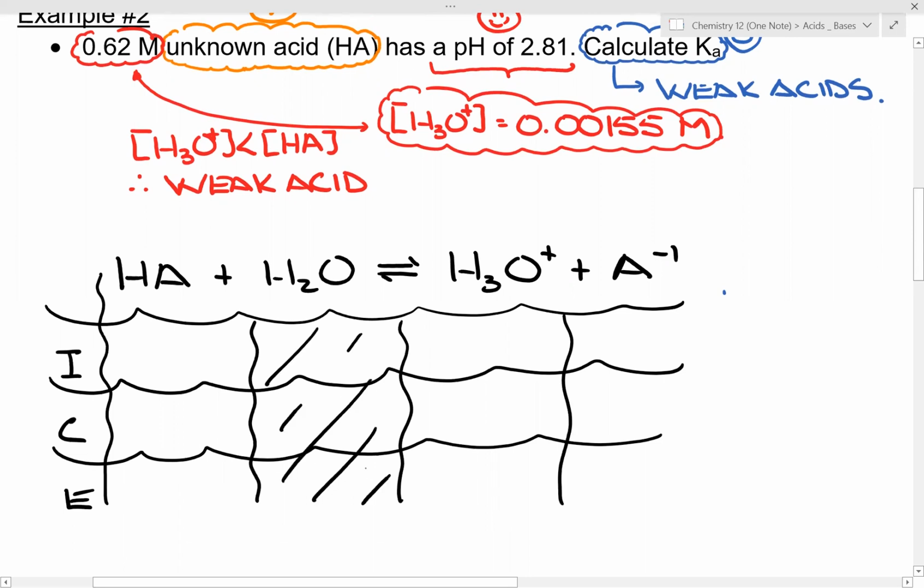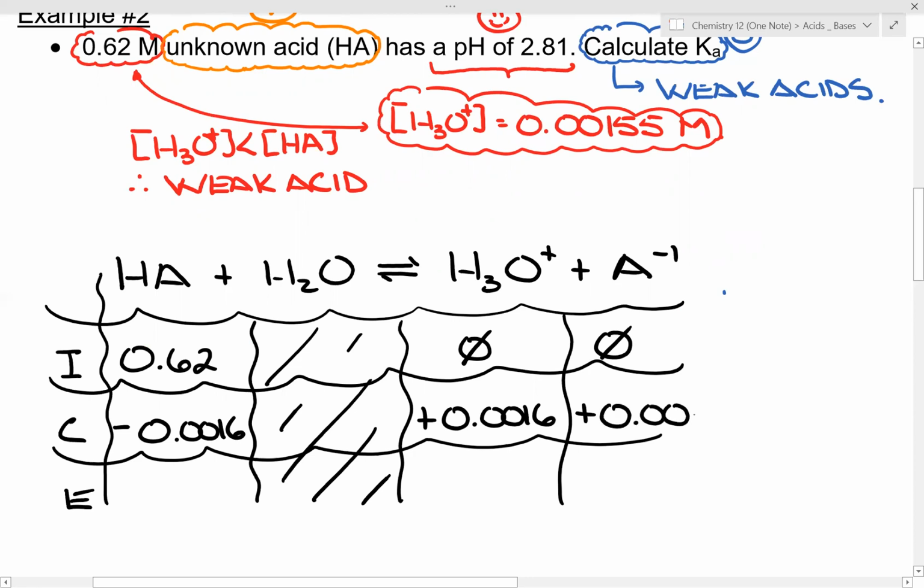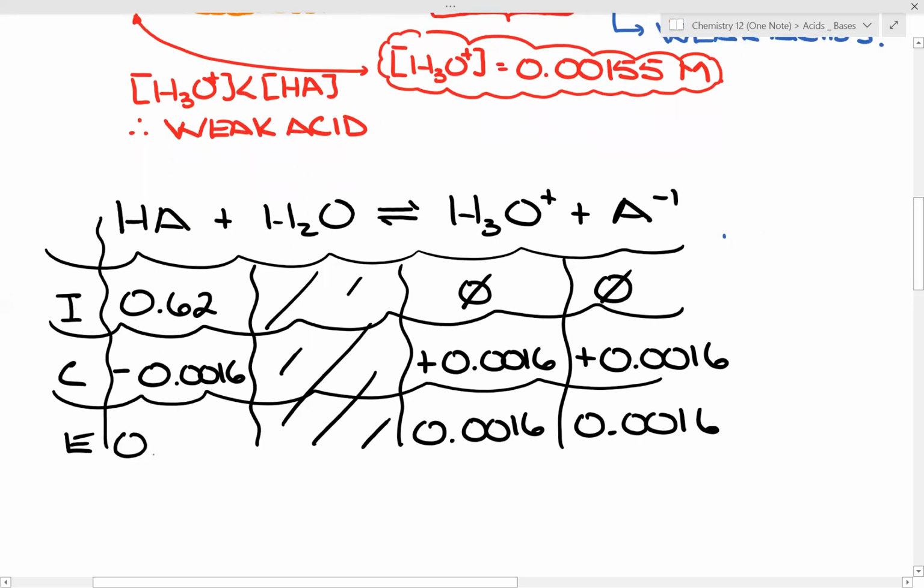I hope this looks familiar to you. This would be 0.62. This would be 0. This would be 0. This would be minus 0.0016, plus 0.0016, plus 0.0016. So in this case, this would be 0.0016, 0.0016. And then this would be 0.6184.